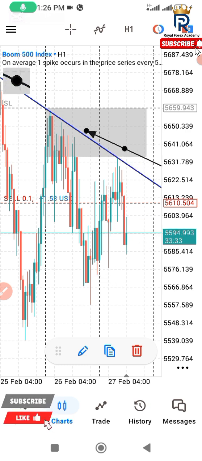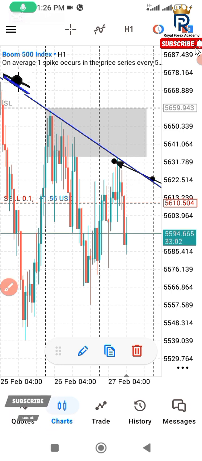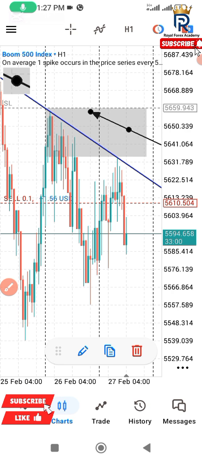But provided price did not close above this high, remember, this high was a structural point, you are still in that same downtrend. Price can choose to break to this point before it continues back to the downside. That is why our stop loss is above that particular high. So you can see how it is playing out beautifully well.